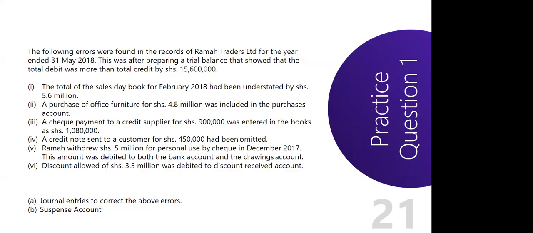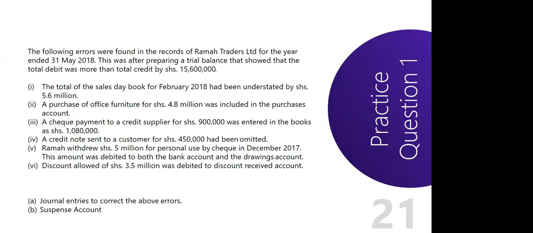No, we are correcting errors. In correction of errors, we only deal with the errors, because now we've already prepared our original journal entries. We prepared the ledger accounts, extracted the balances from the ledger accounts, taken them to the trial balance, and now the trial balance is not balancing up.